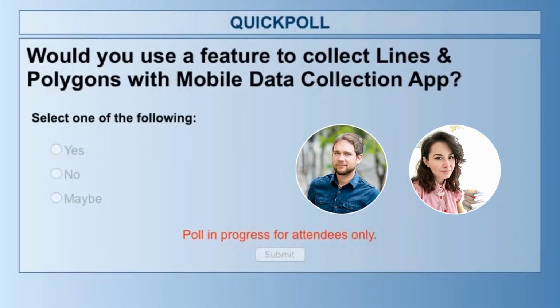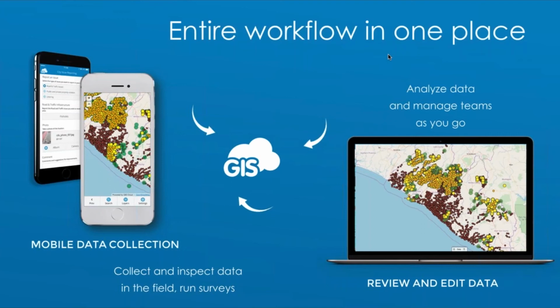Yeah, because we have an announcement, and I think I will pass to Igor to tell you what we are developing right now. Yeah, actually, we wanted to use your great story in this webinar to announce the release of line and polygon functionality for the mobile data collection application. I know we've been talking about other use cases, so I'm sure that you'll benefit from that functionality as well.